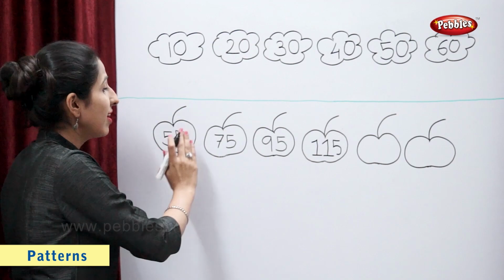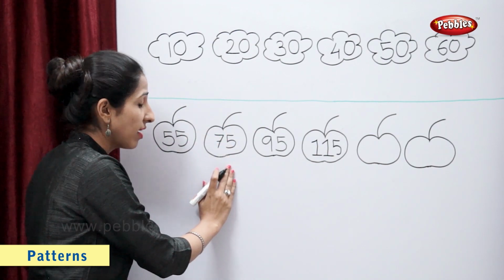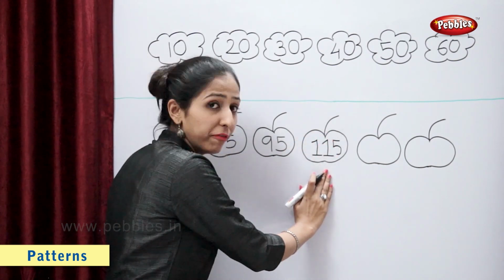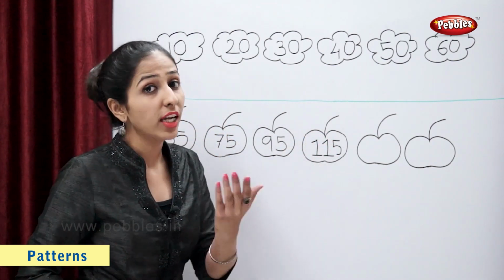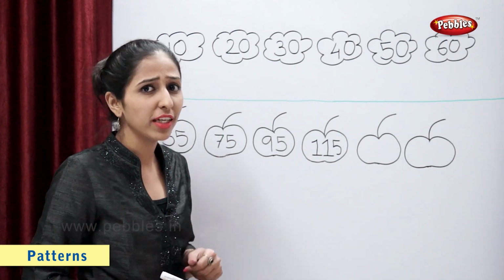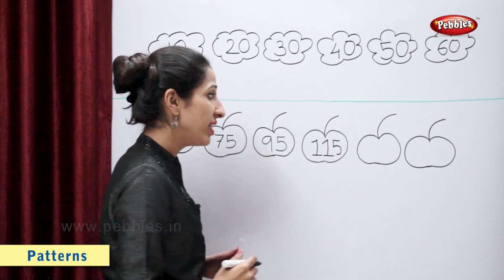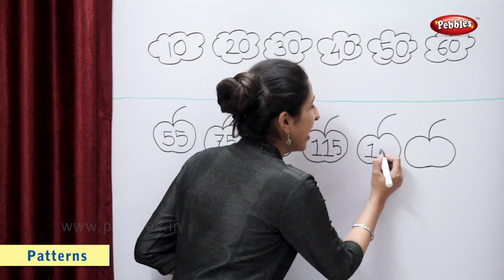55, 75, 95, 115. Students, now you tell me which number will come after this? Correct. Number 135.